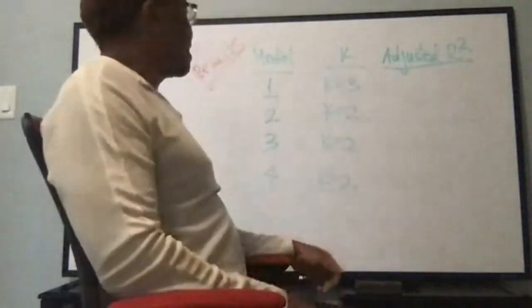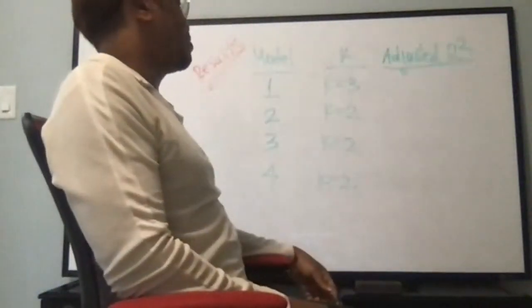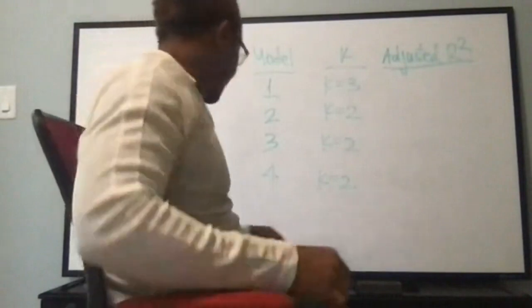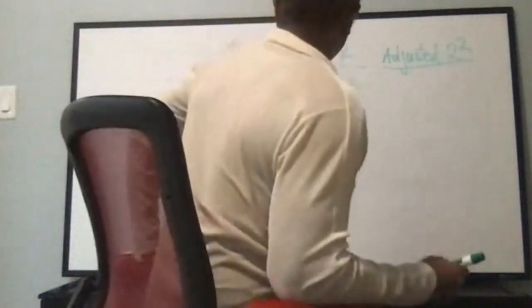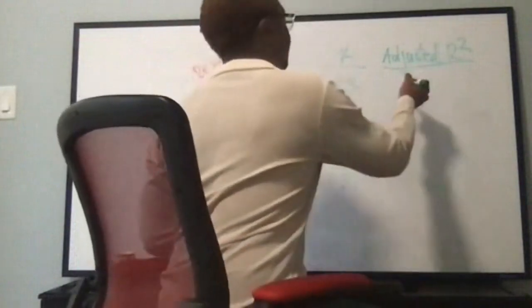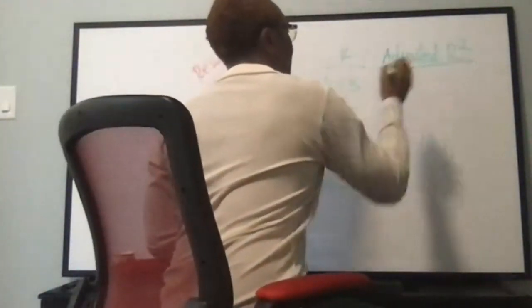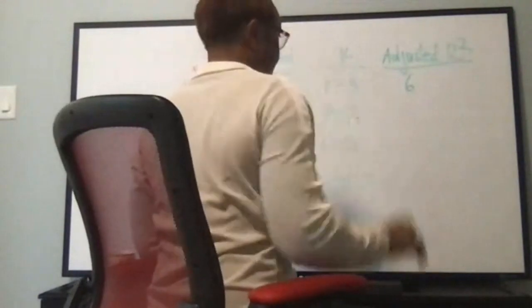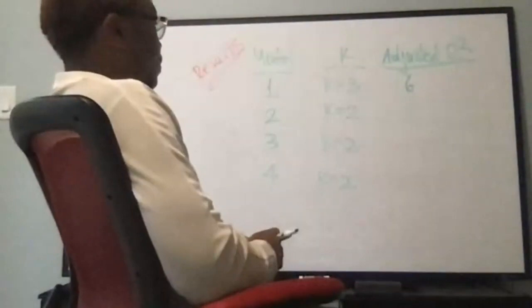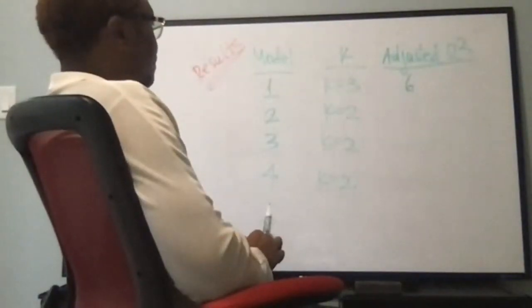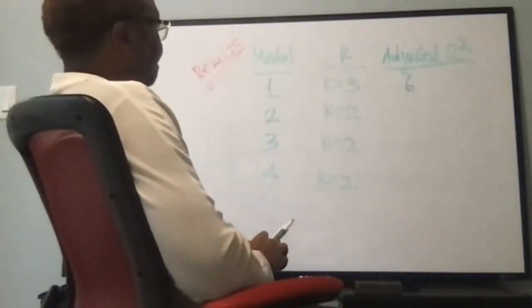All right. So tell me, what is the adjusted R squared value as a percentage for number one? What was that adjusted R squared for the first model? Go where it says adjusted R squared for the first model. 64. 64 point what?